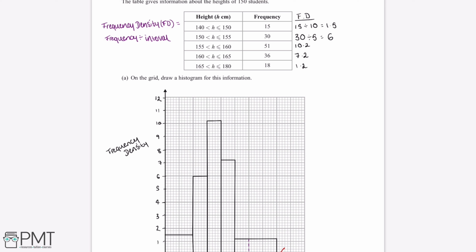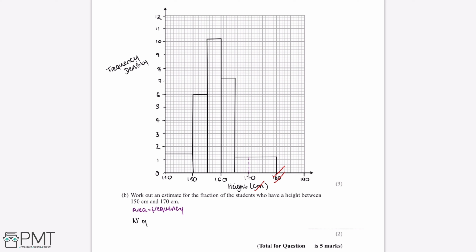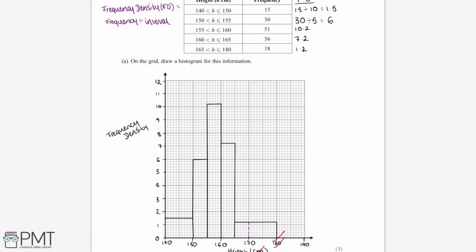Now in the question we're told that there are 150 students, and this is important to note down in order to estimate the fraction of students. In our table we've already been told the number of students between 150 centimetres and 165 centimetres.